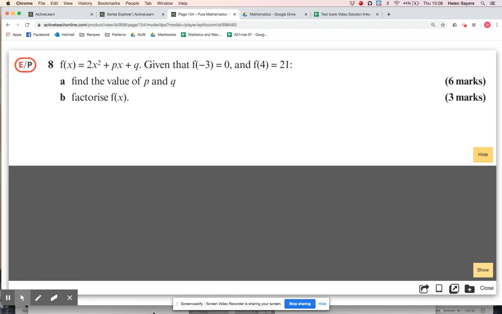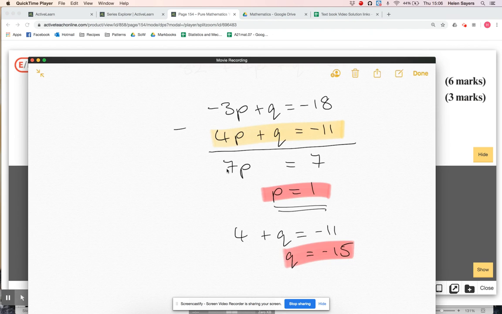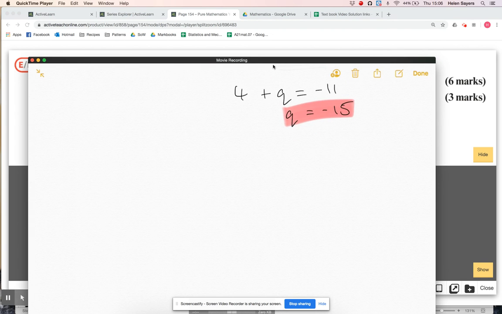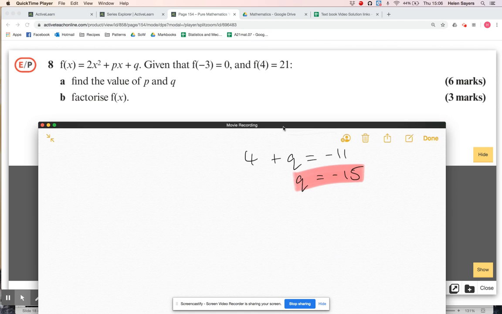Then we get asked to factorise. Well, so now we know what p and q are. Let's write out the actual quadratic. So 2x squared. So we said p was 1 and q was minus 15. Yeah, so this is very nice actually for 2 marks because all I've got to do is factorise that quadratic.